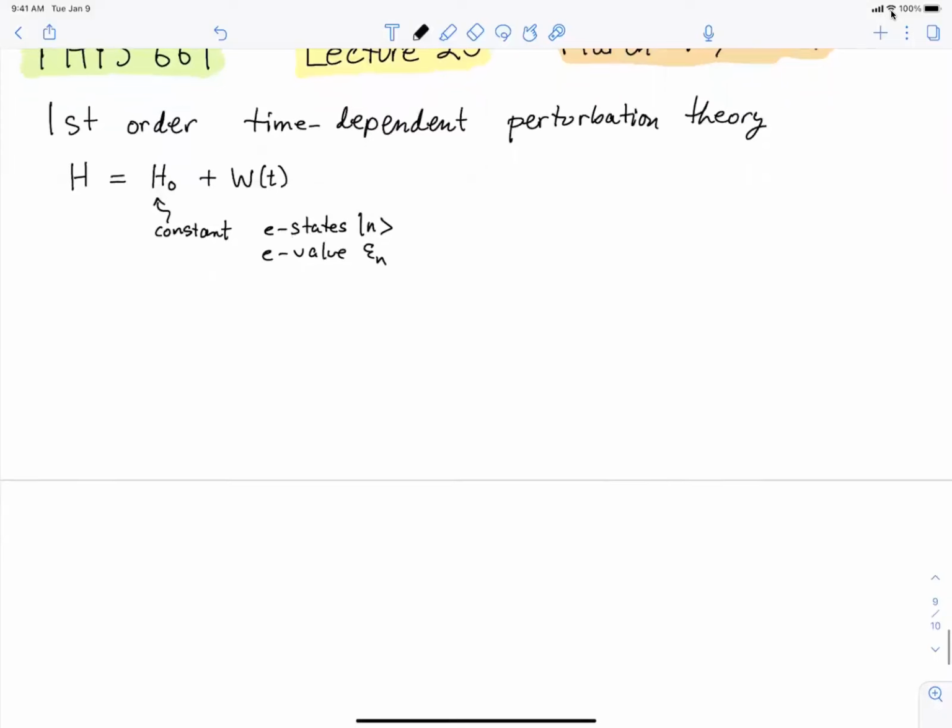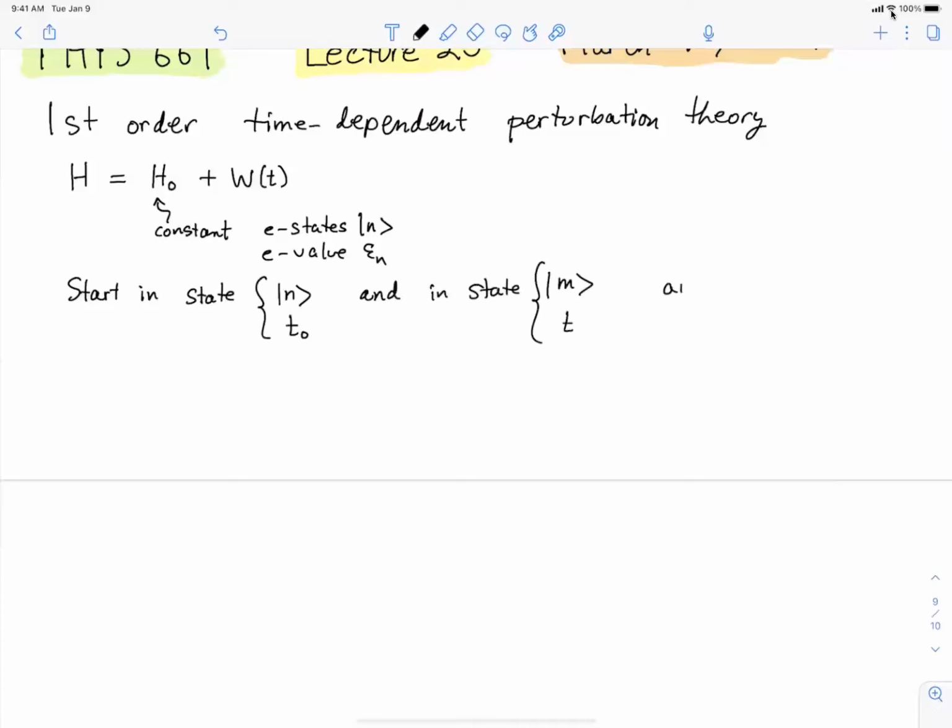Okay, and then the question that we tend to ask ourselves is, if we start in the state n at time t0, and we want to end up in the state m at time t, which you can think of as the present time, then you want the amplitude.